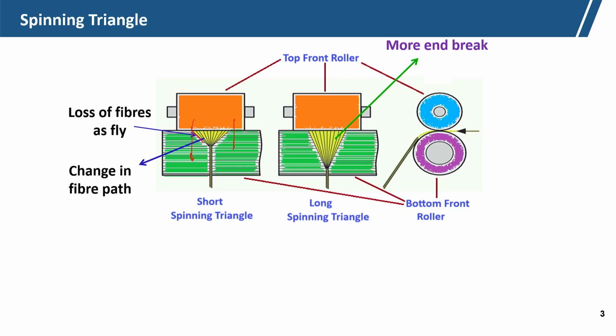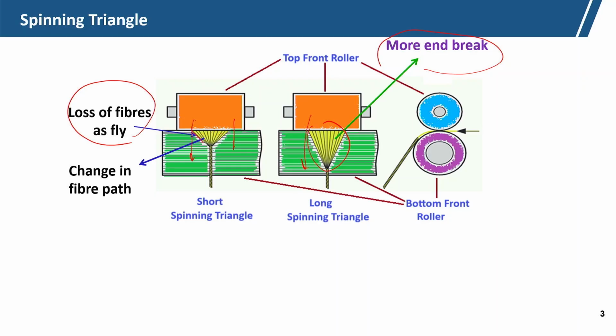And if we want to reduce the fly, we have to reduce this angle of deflection. The angle of deflection can be reduced by increasing the length of the spinning triangle, but when we increase the length of the spinning triangle, there are more chances of end breakage, because in the spinning triangle zone the fibers are parallel and twist is not there.